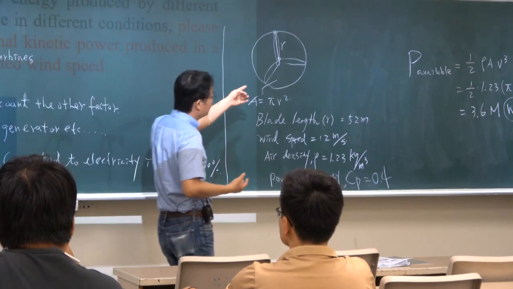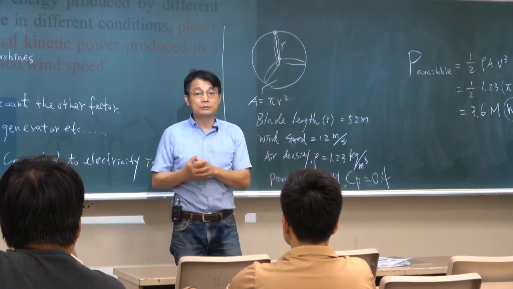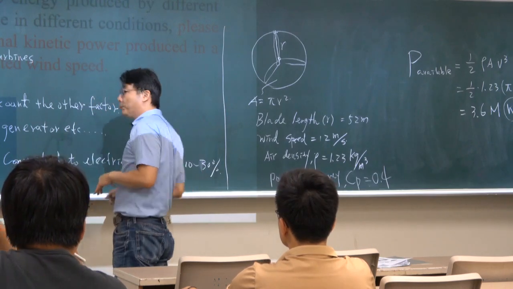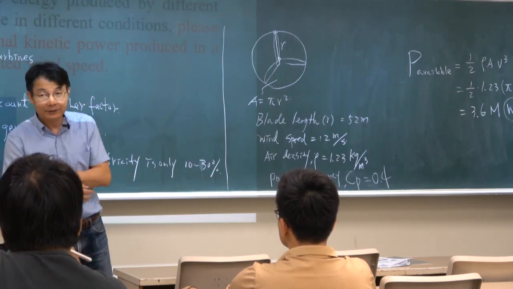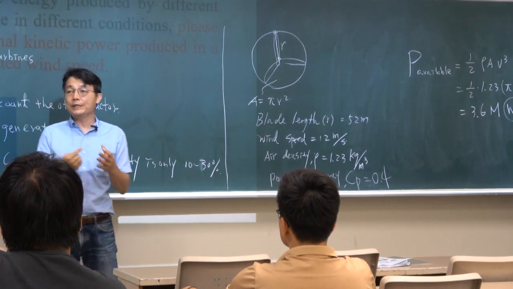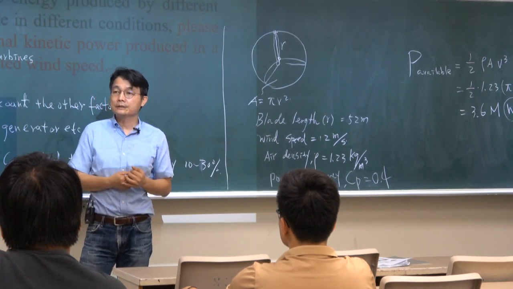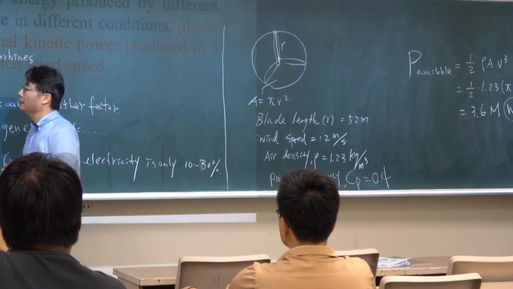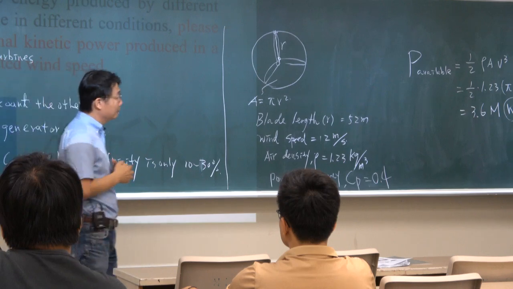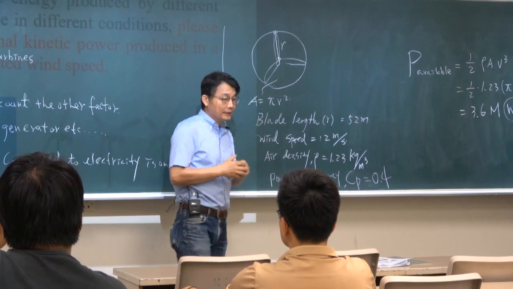So still, I think a lot of research groups are engaged to develop a blade, okay, a high efficiency blade. So you have to consider the air flow rate, mass flow rate, okay, mass flow rate, and to evaluate.